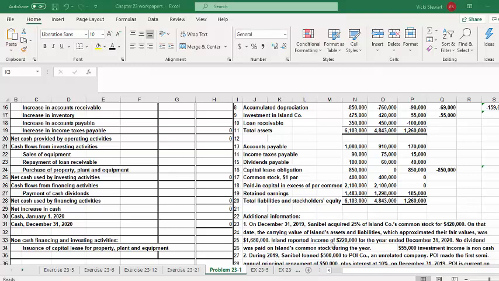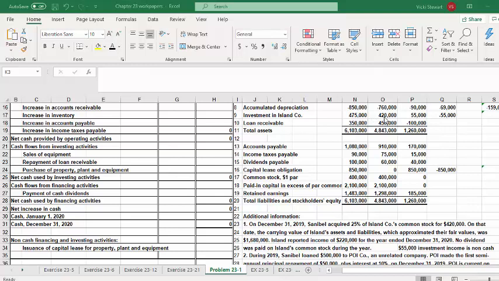So Island reported $220,000 of net income. We own 25% of their stock. That means that we would have reported on our income statement $55,000 of investment income, and that is non-cash. We did not receive any dividends from Island this year.